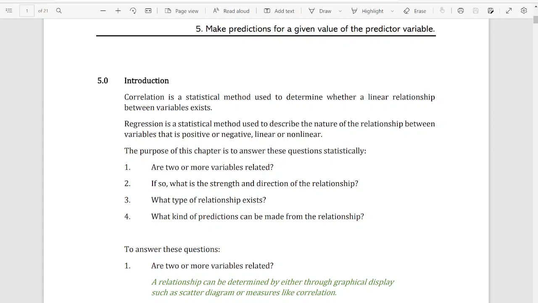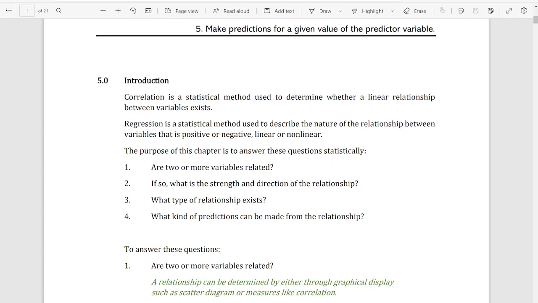Tetapi dalam regresi, kita lihat lebih daripada itu. Regression goes beyond that. So, go beyond that maksudnya apa? Maksudnya, dia bukan saja melihat perkaitan sahaja, tapi dilihat sama ada perkaitan itu, satu pemboleh ubah mempengaruhi satu lagi ataupun tidak. Itu yang kita lihat dalam regression. Sebagai contoh, katakan kita ada dua variable.